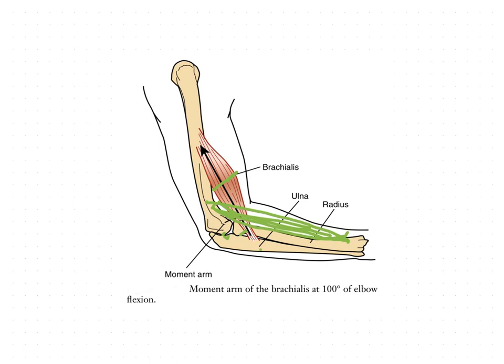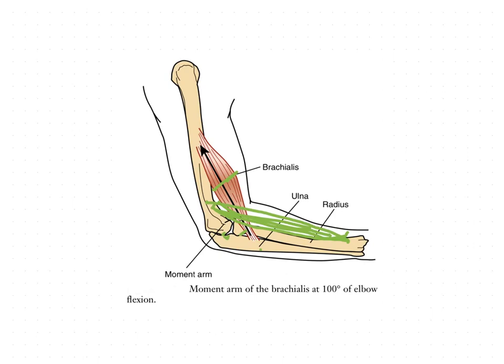Okay, if you see the forces which are created by this muscle, if you resolve these forces of the brachioradialis, we find that it has more translatory than rotatory component.